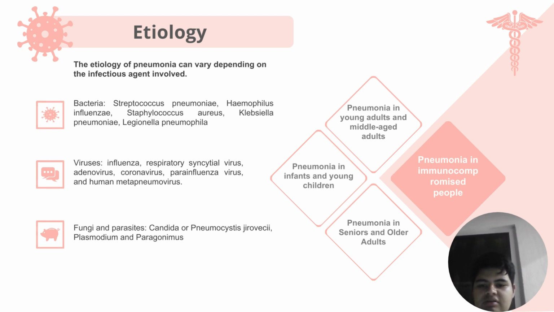Pneumocystis jirovecii is a common opportunistic fungus in people with HIV. Other opportunistic bacteria, such as Mycobacterium tuberculosis, can cause pneumonia in immunocompromised people.